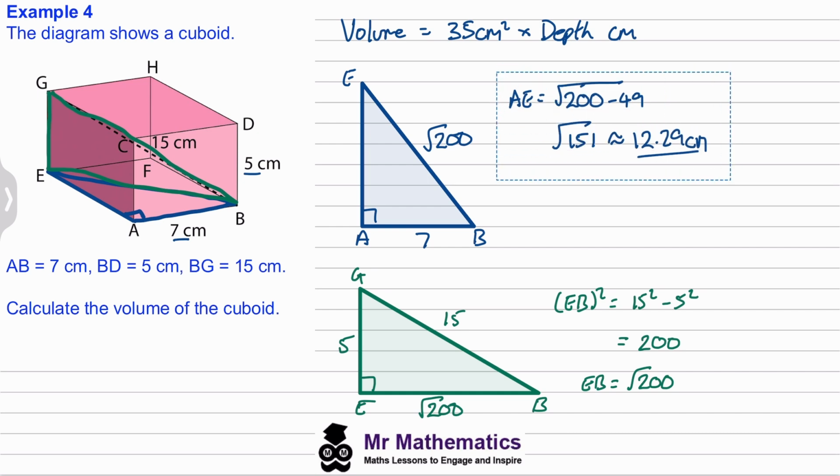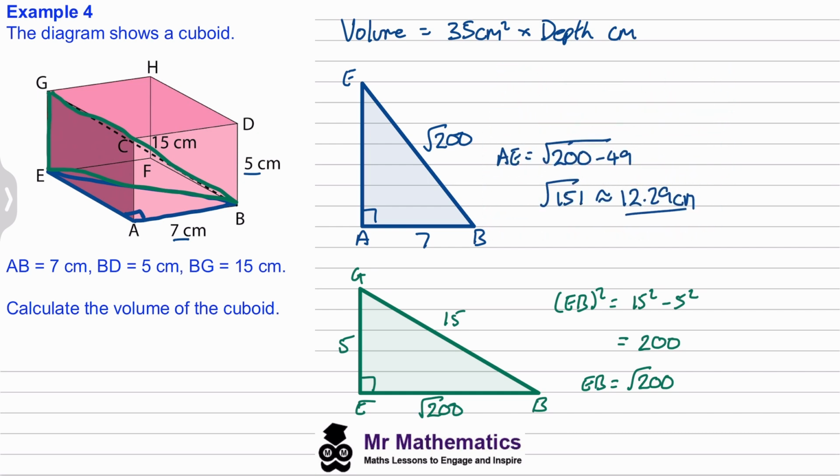If I just move this down, we'll substitute this 12.29 back into the depth. So the volume will be 35 multiplied by the 12.29, and this gives us a volume of 430.15 centimeters cubed. How did you get on with that?